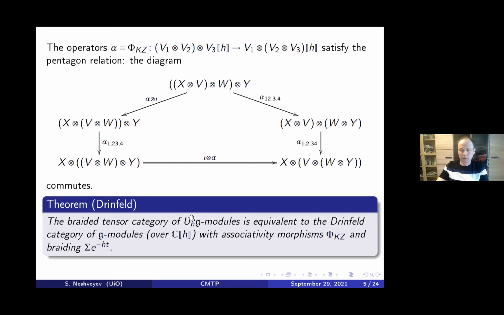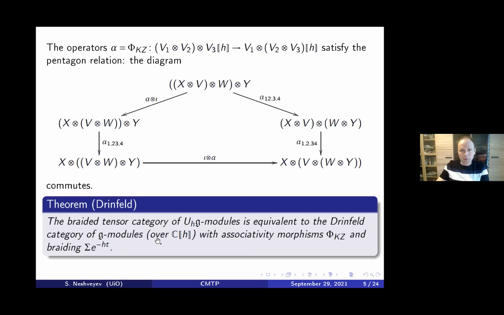On the one side, we have the category of modules of this quantized universal enveloping algebra, which is a braided tensor category with braiding defined by the universal R matrix. On the other hand, we have a Drinfeld category, where associativity morphisms are given by this KZ associator, and the braiding is very simple. It has just this form. And the claim is that these 2 braided categories are equivalent. This implies Kohno-Drinfeld because these 2 types of representation simply come from 2 representations defined by braidings in these 2 categories.